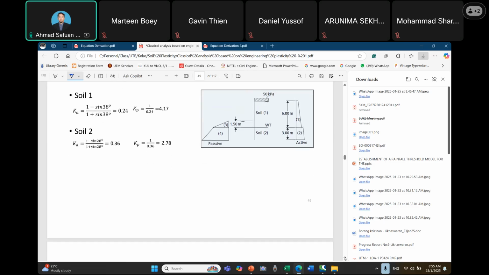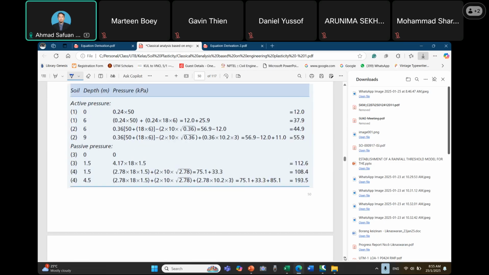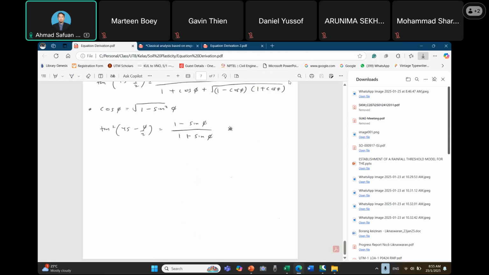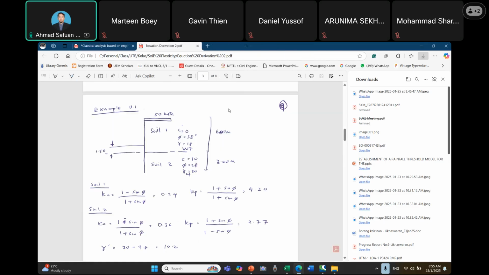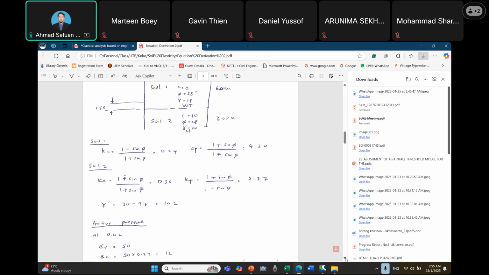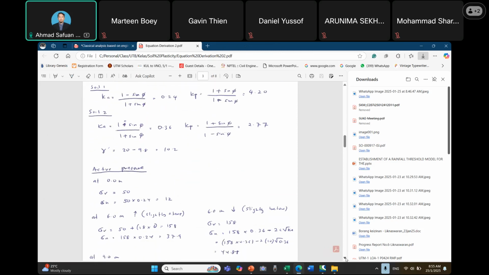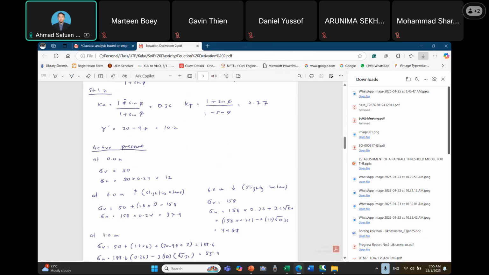So then look at the calculations. This has been simplified. So if you look at my derivation, I explain how the values are obtained.